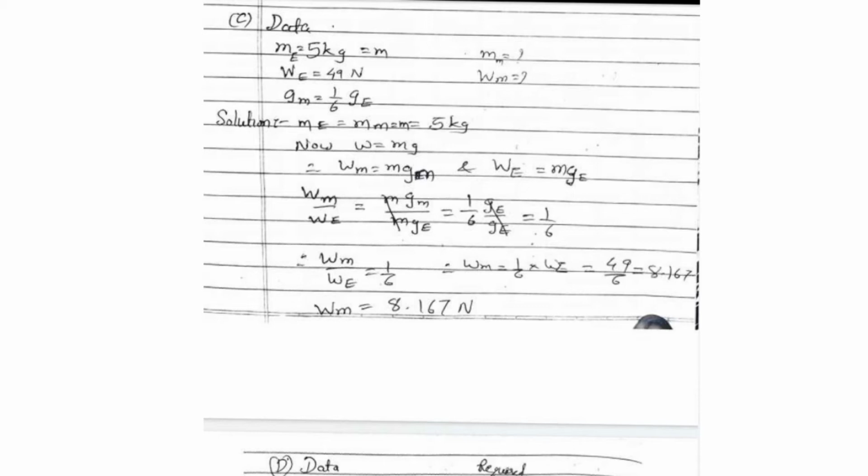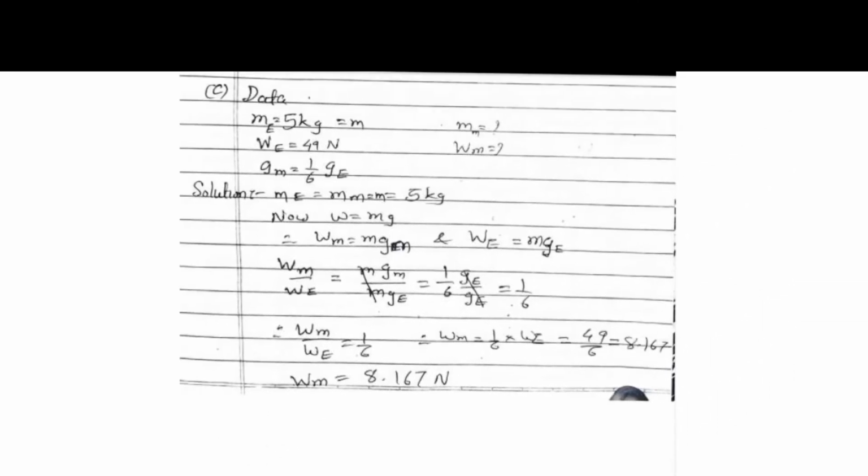Assuming that the acceleration due to gravity on moon is 1/6 of that of earth. So what is given to us is, so here children, we got mass on the earth as 5 kg.